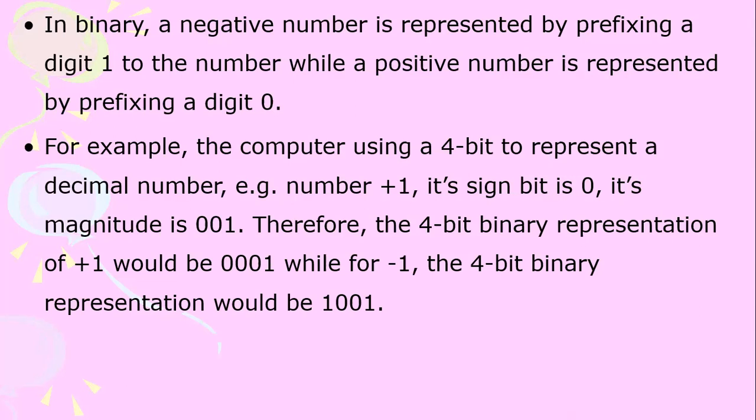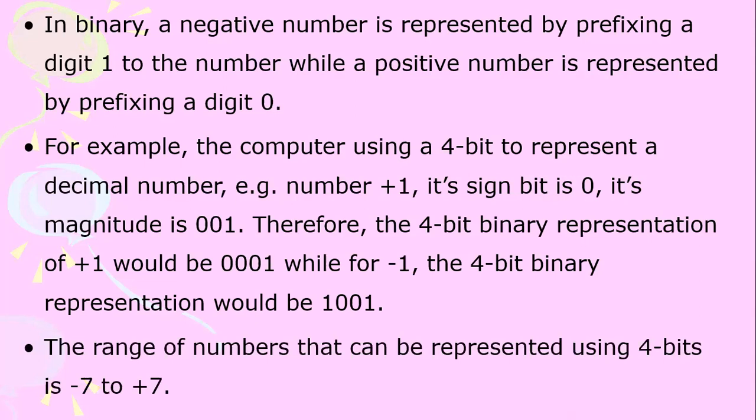Therefore, the 4-bit binary representation of positive 1 would be 0, 0, 0, 1, while for negative 1, the 4-bit binary representation would be 1, 0, 0, 1. The range of numbers that can be represented using 4 bits is -7 to +7.